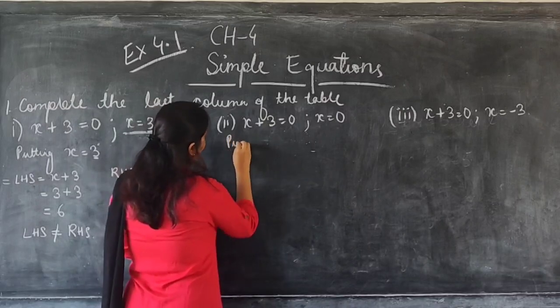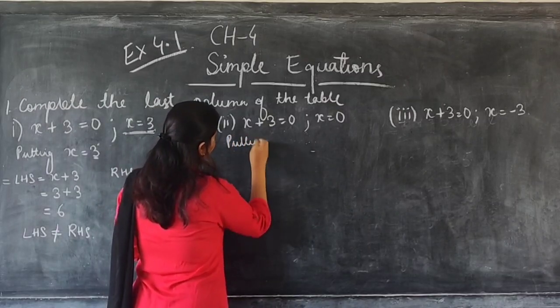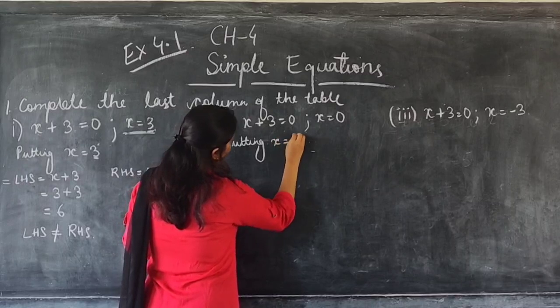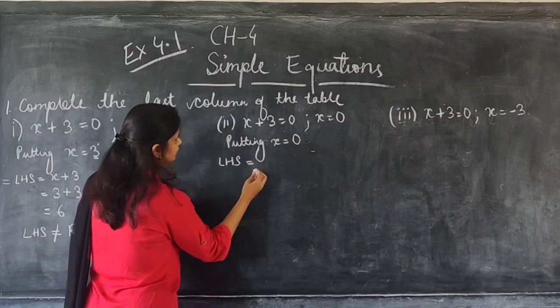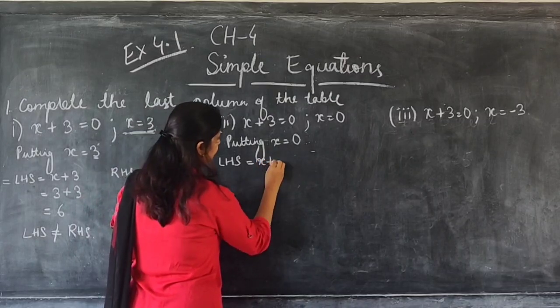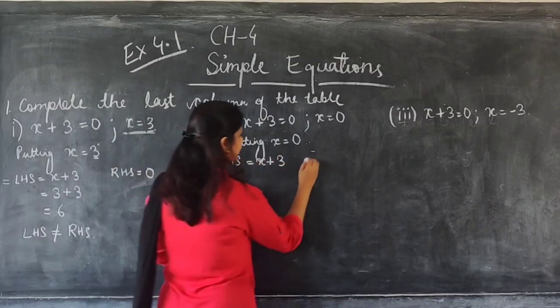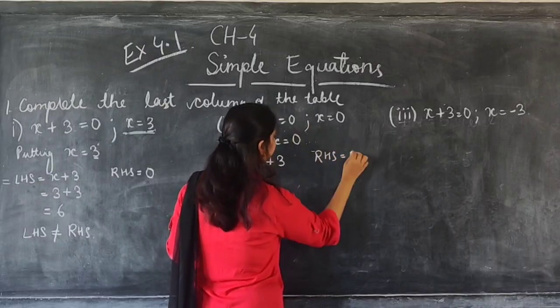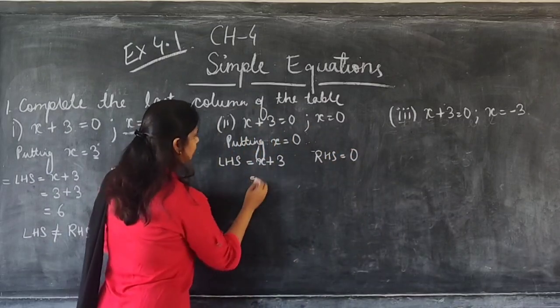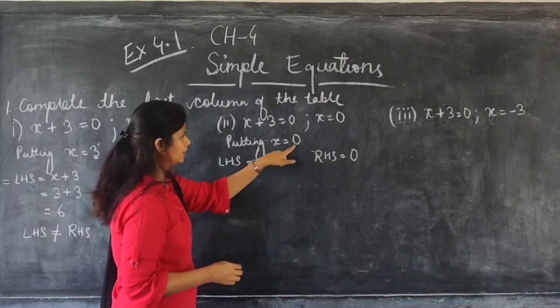Now again putting x equals 0. Left hand side equals, what is first? Write the equation x plus 3 and right hand side is equal to 0. Okay, now what is the value of x? The value of x is 0.